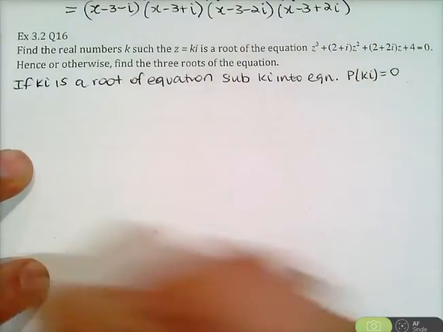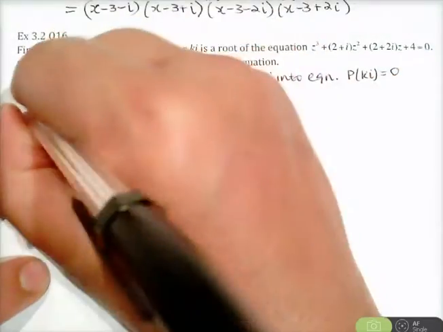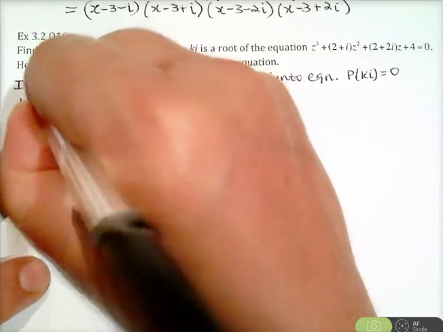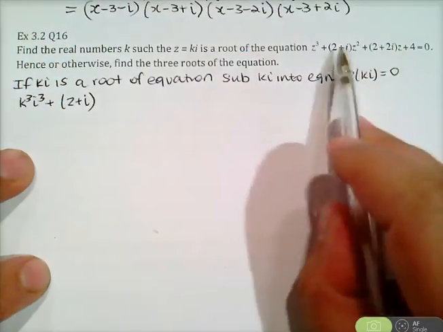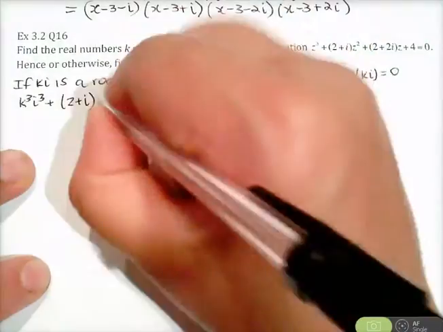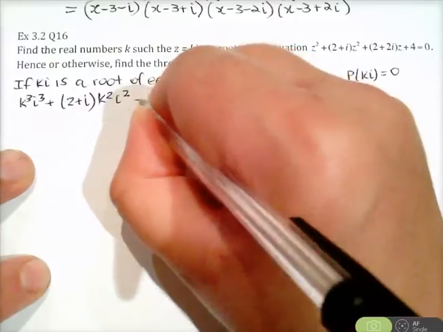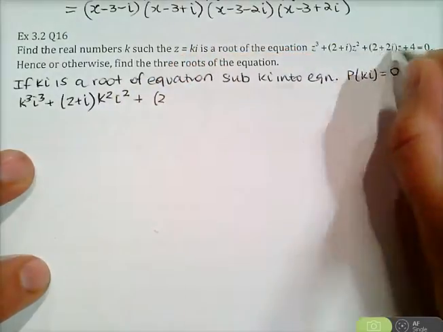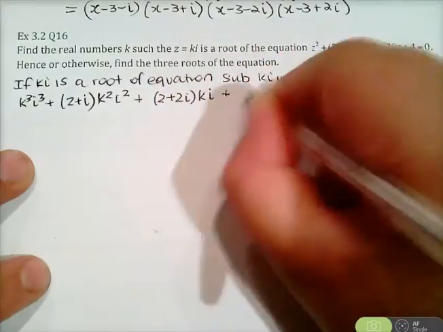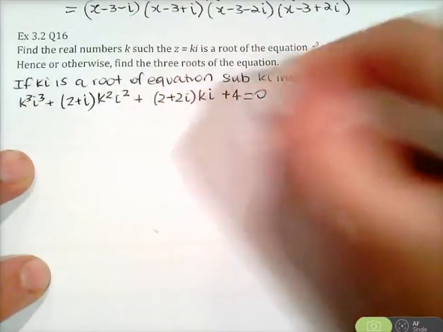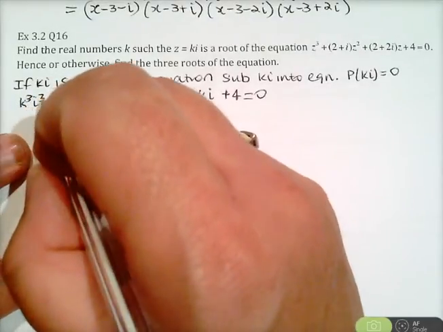So if we put ki in where z is, we get k cubed i cubed plus (2 plus i) times, now z squared will be k squared i squared, and then we've got plus (2 plus 2i) times ki plus 4 is equal to 0. So we know that i squared is negative 1.